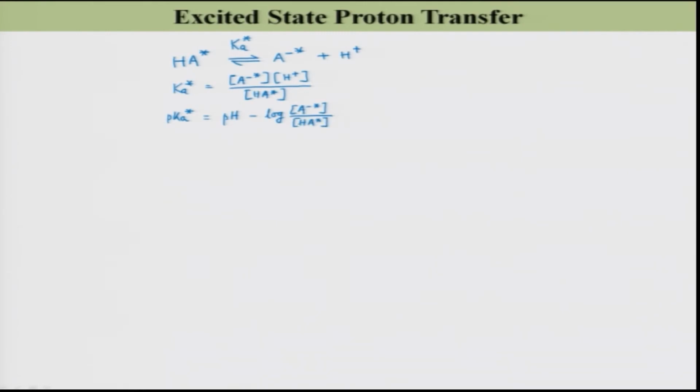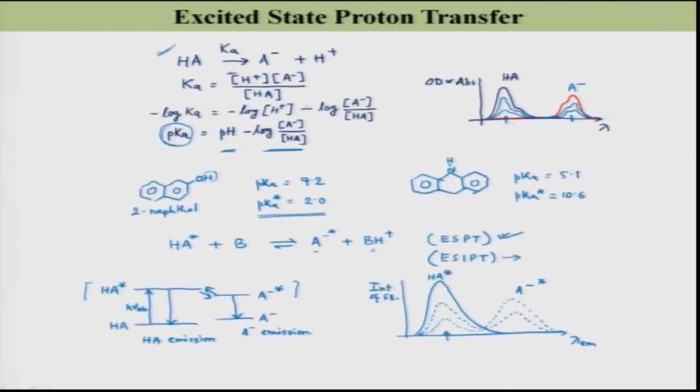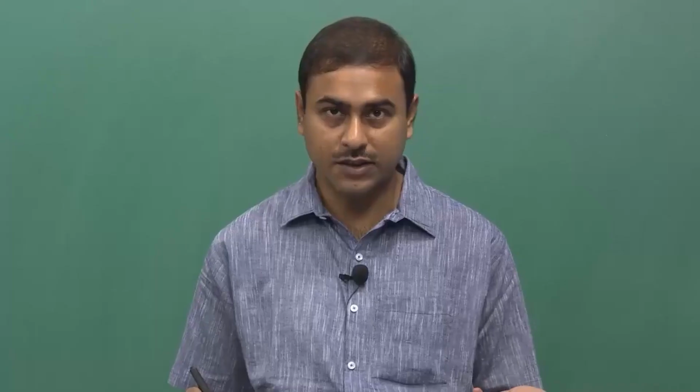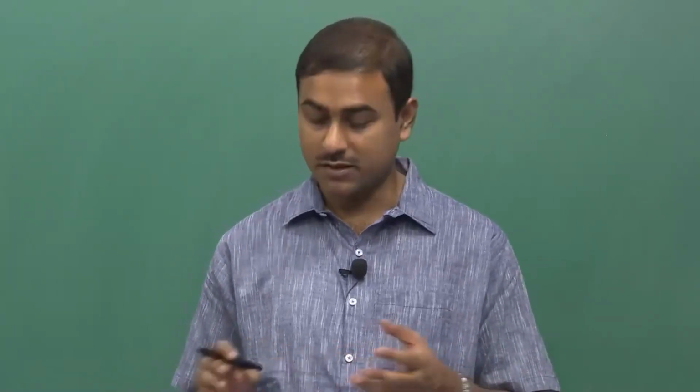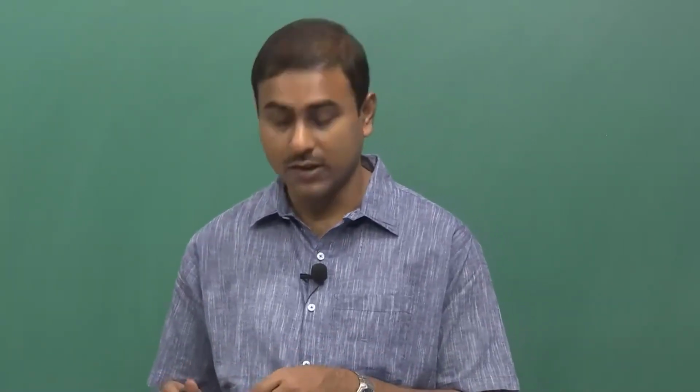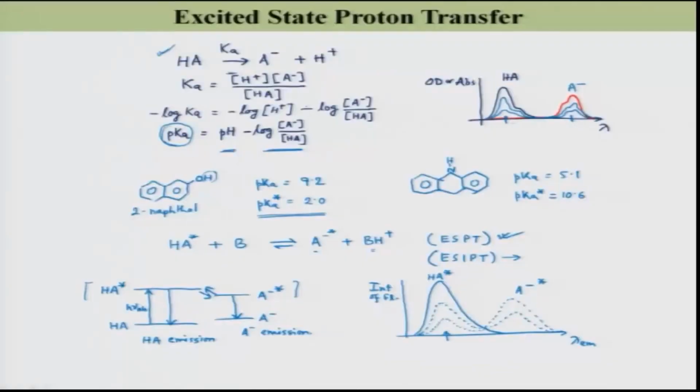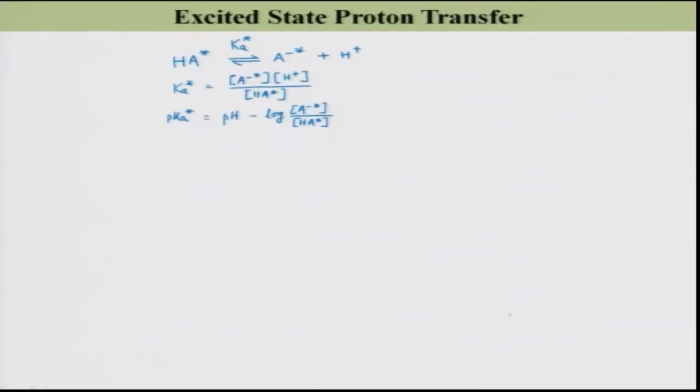Now, you can say that I know this emission intensity, as I showed here. So, this has to be related to the concentration. Concentration is more, emission intensity is more. Concentration of A minus is less, emission intensity is less. So, I can immediately put this intensity ratio as the ratio I wrote over here.